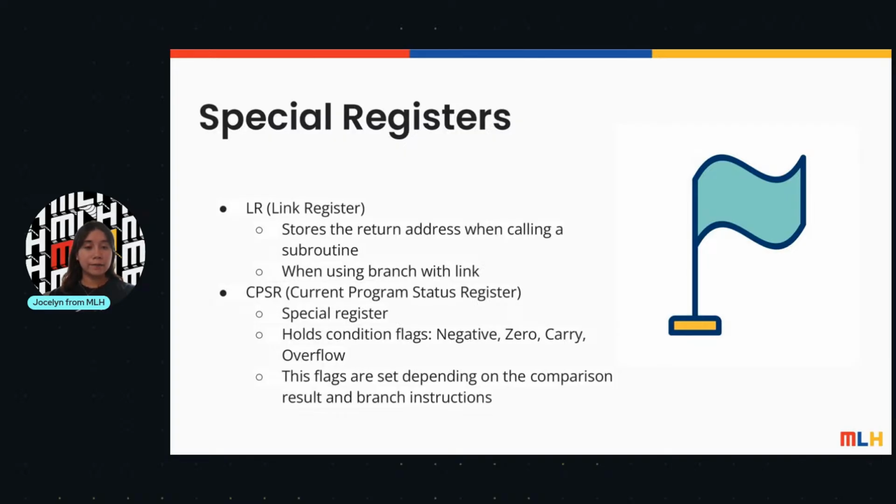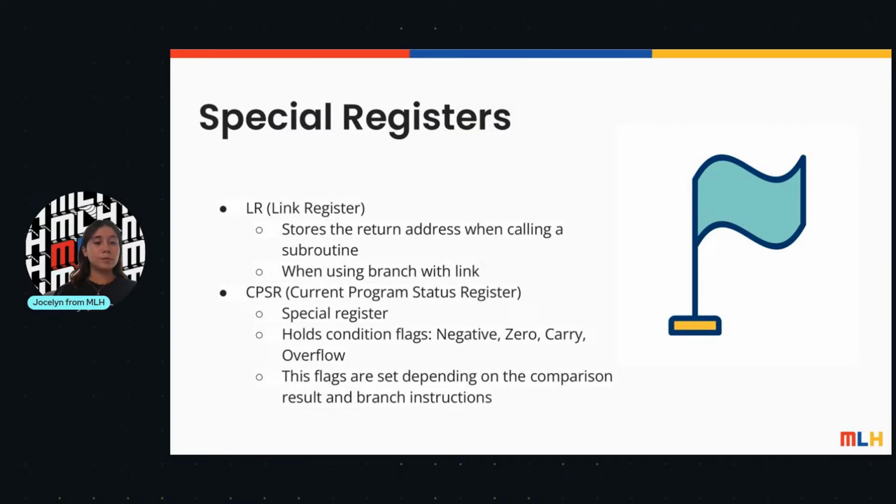Negative if the number is negative, zero if the number is zero, carry if you have a carry, like when you add and the number is more than 9, then you put the little 1 on top of the next number. So that's a carry. You are doing a carry on your addition, subtraction, or whatever operation you're doing. And finally, we have the overflow.